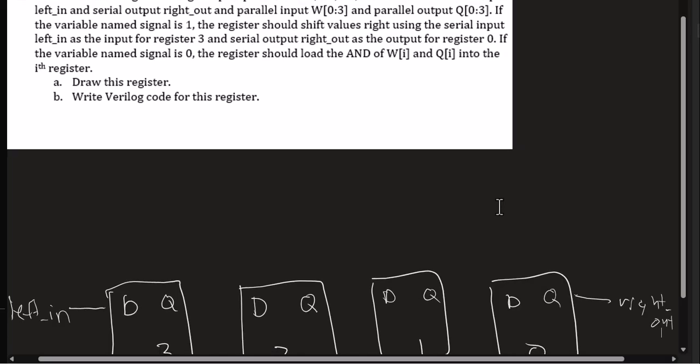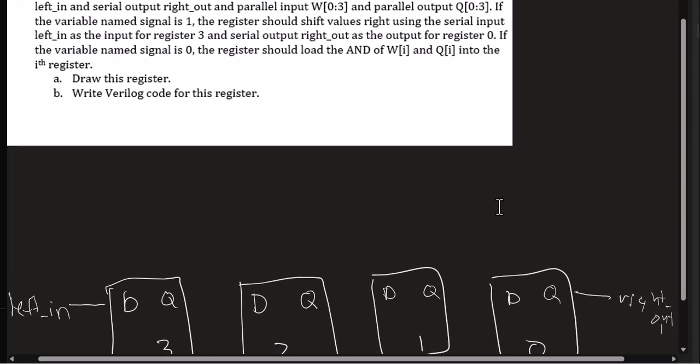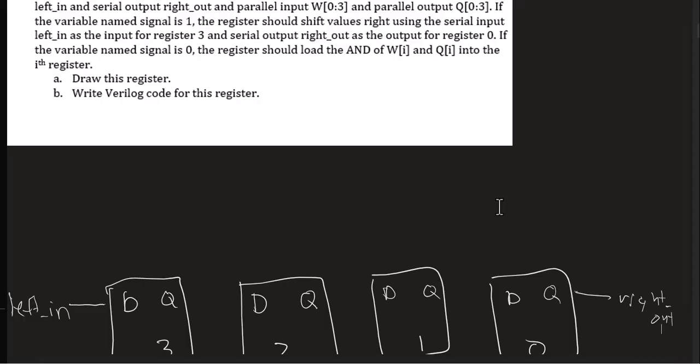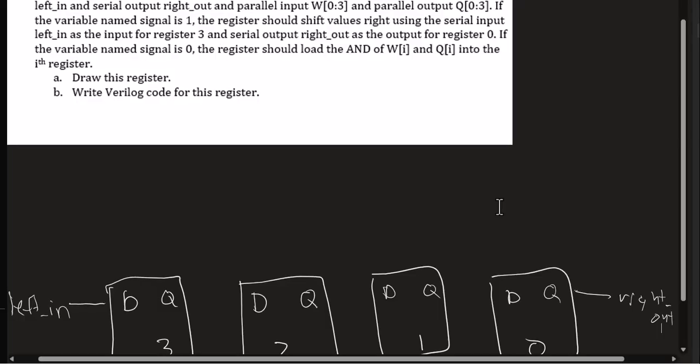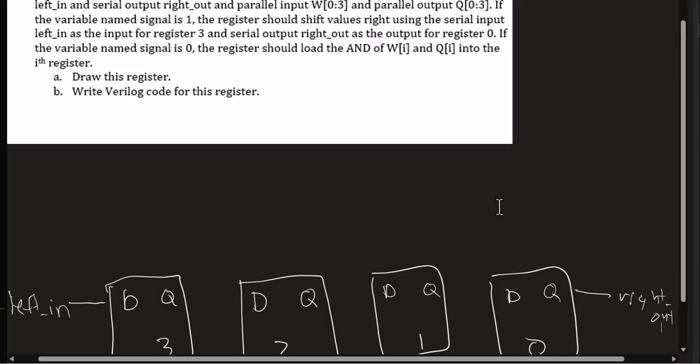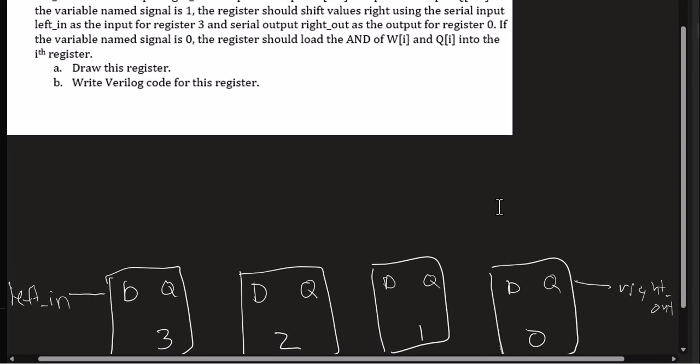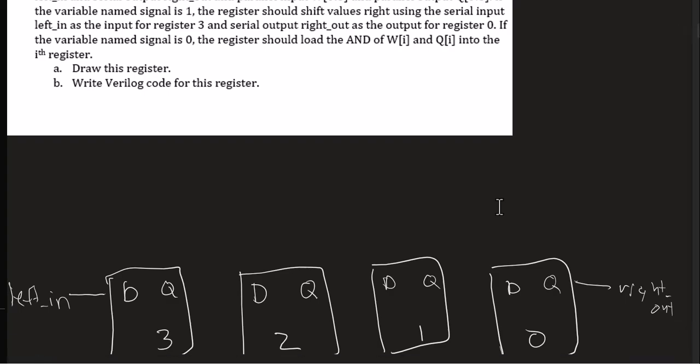If the variable named signal is 1, the register should shift values right using the serial input left in as the input for register 3 and the serial output right out as the output for register 0. Okay, so right out is going to stay, left in is going to need to be in a multiplexer because it's an if statement.